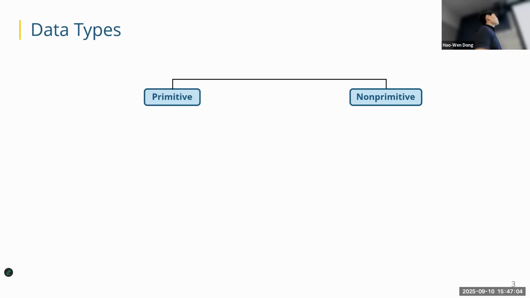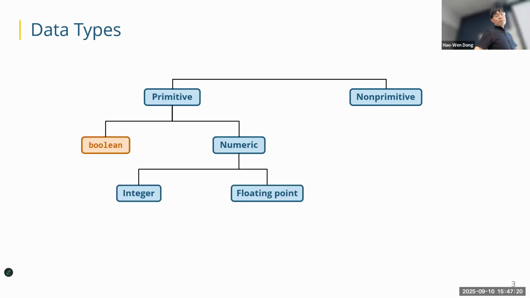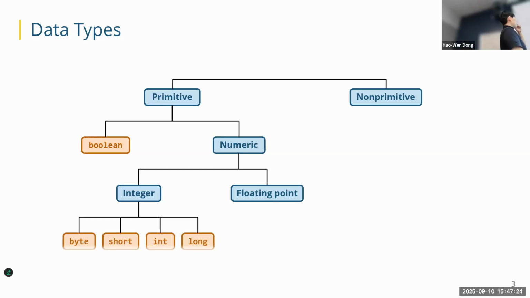Primitive is mostly all the things we talk about, like Boolean, just 1 or 0, true or false, yes or no, things like that. Binary, 2 options. Numeric, a lot of different things: integer, floating points. We mainly just use int and float, but it's actually much more than that.